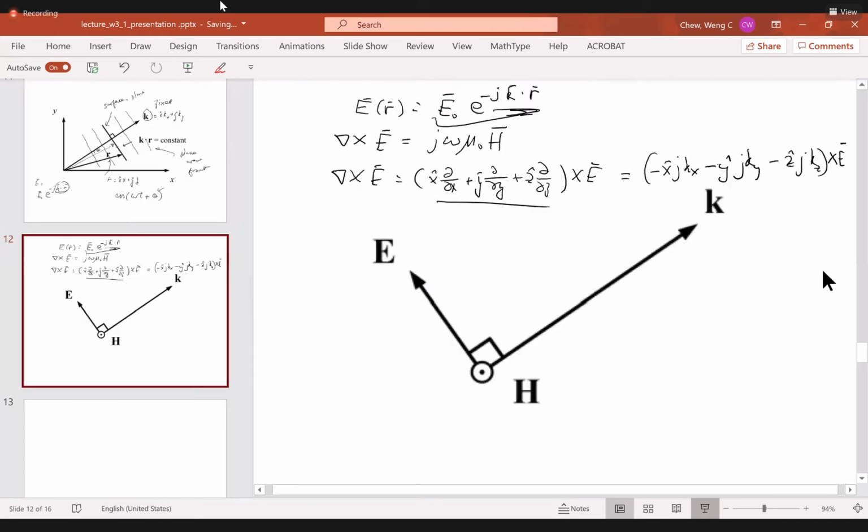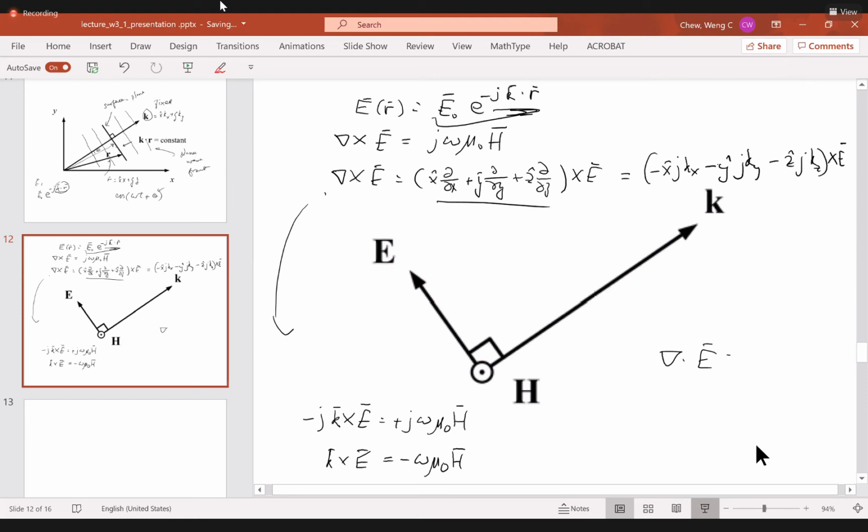And so Faraday's law just says that jk cross E is equal to minus j omega mu naught H. So k cross E is minus omega mu naught H. Another thing you can say is that divergence of E is equal to 0, and you plug this in here, and it just means that jk dot E is equal to 0, again for the same reason that the del operator just becomes this.